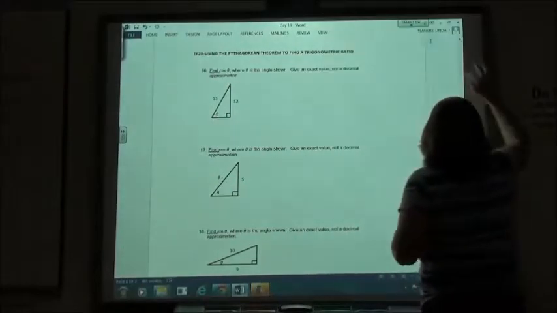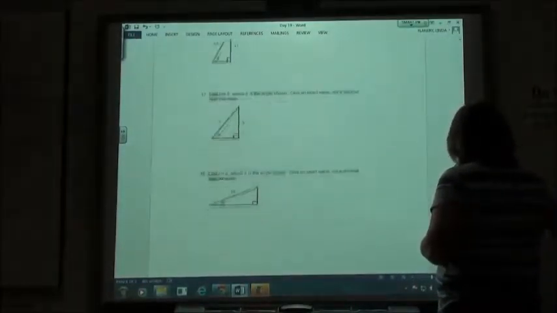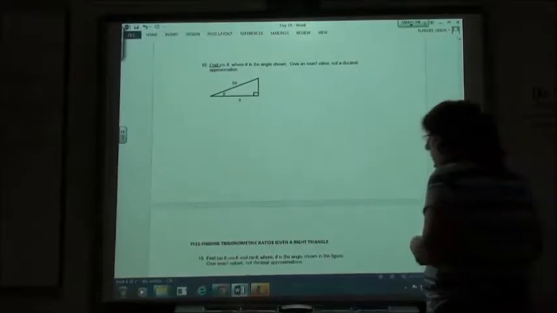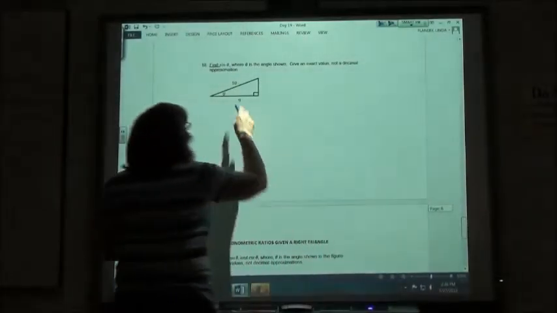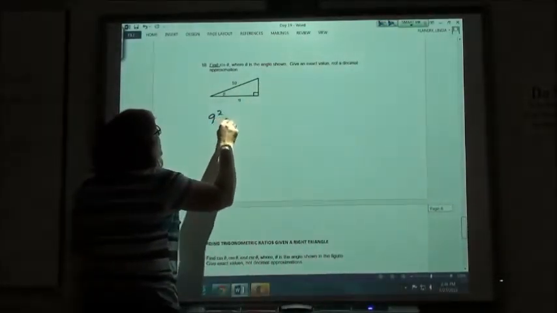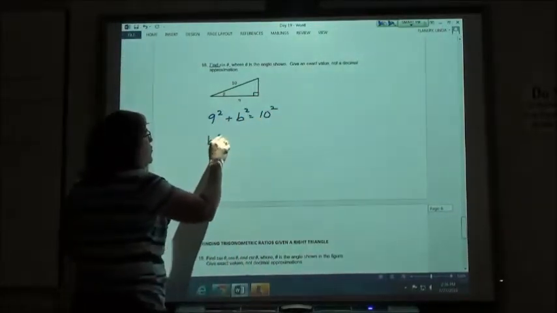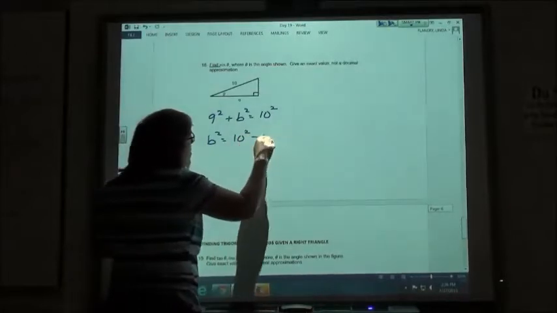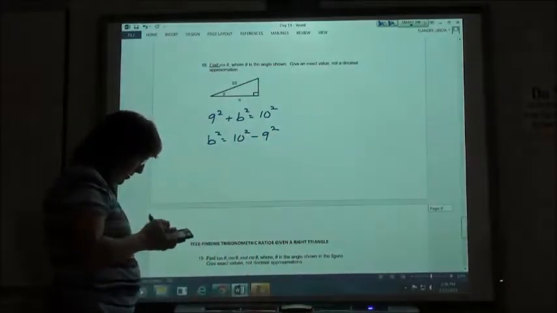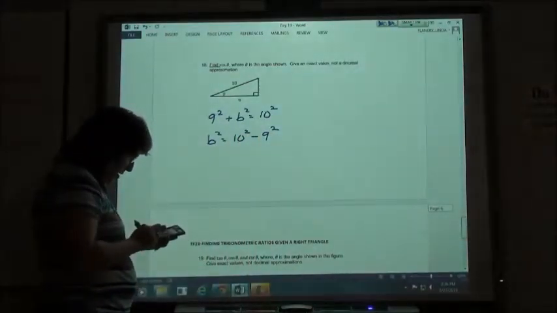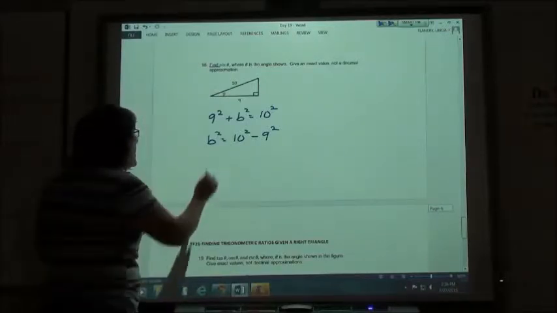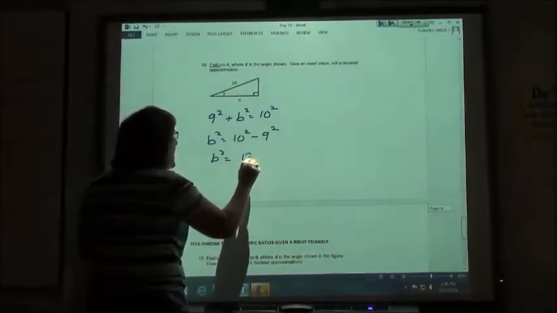And the next one here, if we look at number 18, we would say that 9 squared plus b squared equals 10 squared. So b squared is 10 squared minus 9 squared. 10 squared minus 9 squared is 19, so b squared equals 19.